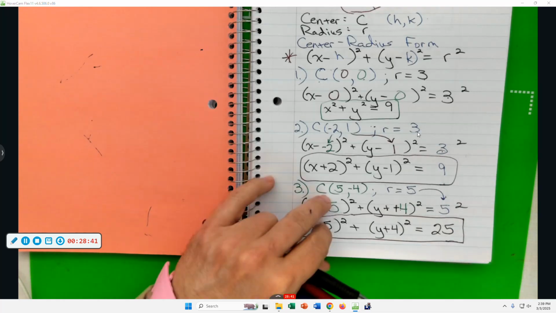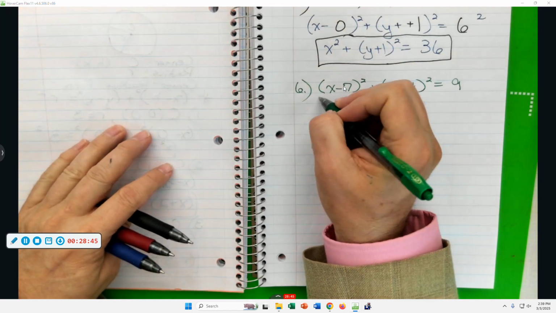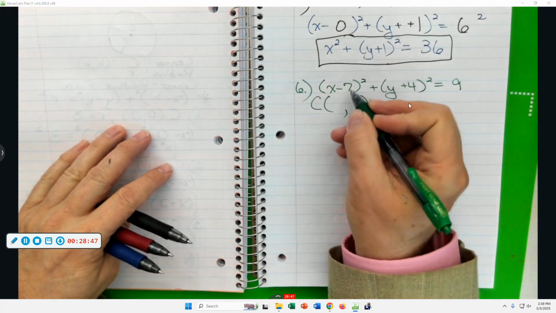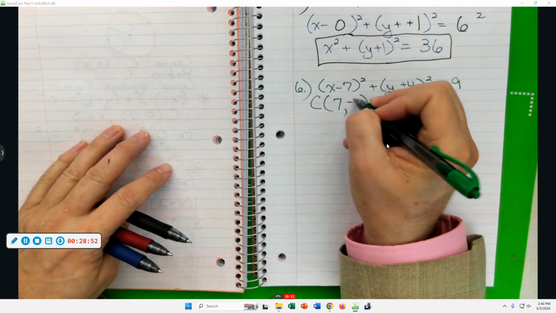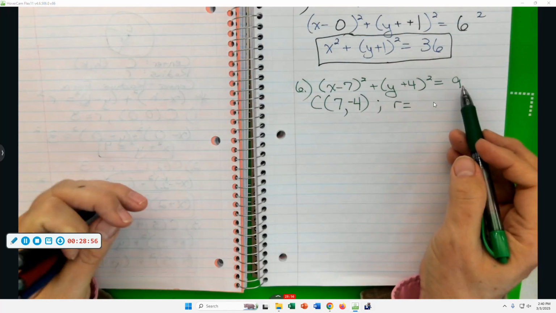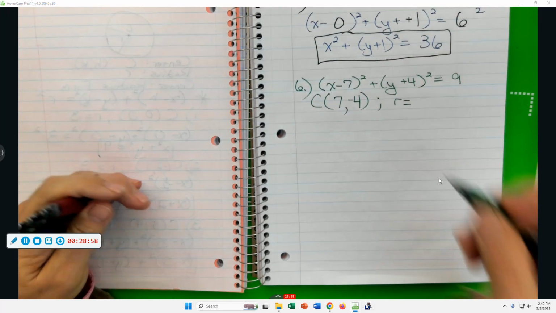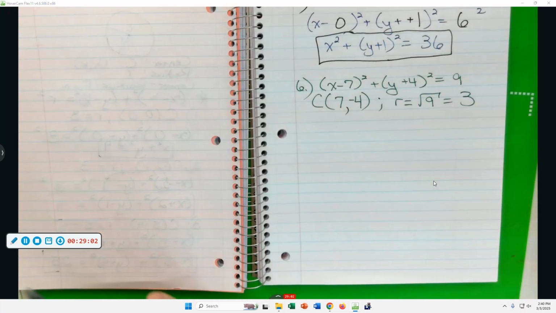Square root. So on number 6, to find the center, change sign: 7, change sign: -4. To get the radius, you take the square root of that number on the right. Change the sign, square root. That's how you find the center and radius.